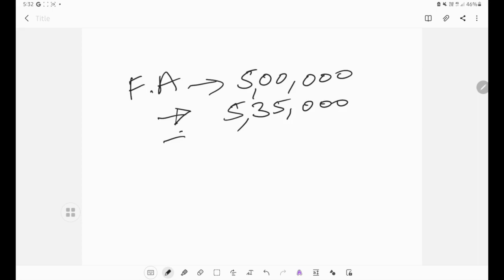Now this excess 35,000 is called a deficit, which means they have gone beyond their income level, and so this number is called the deficit.